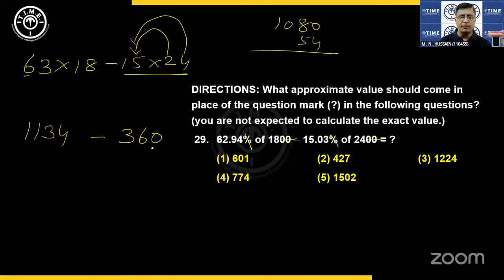What is the complement of 26? 74. 74 means in which option the value ends with 74? 34 minus 60 will give minus 26. 100 minus 26, 74. Which option ends with 74 as the last 2 digits? That is only option number 4. And I'm marking with the choice 4. Right answer is option 4.